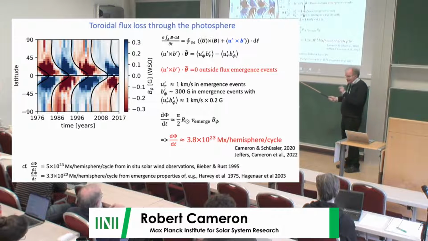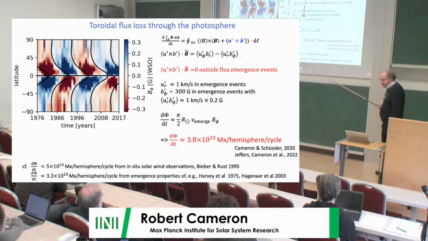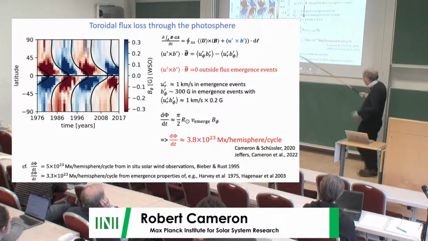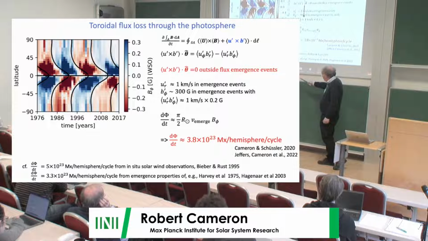Alternatively, perhaps you think, oh, this measurement of the toroidal field is nonsense. Bieber and Rast used in situ measurements from near the Earth, spacecraft measurements, and looked at the difference between the inclination of the velocity and the magnetic field in the solar wind, and they infer we lose 5 times 10 to the 23 Maxwells per hemisphere per cycle.